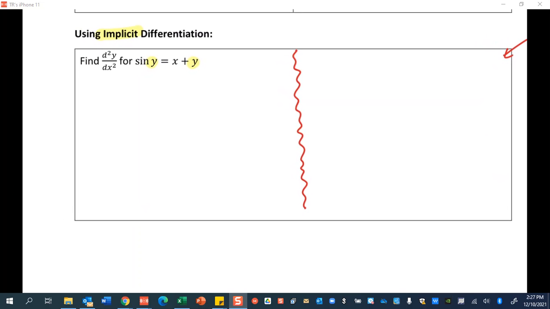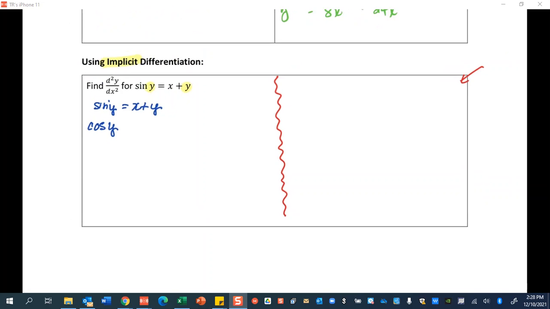All right, ready? When I go to take sine of y is equal to x plus y, the derivative of the sine of y is, of course, cosine of y. And I don't need to do anything except for remember to take the derivative of what's inside, right? What is the derivative of y? There it is.